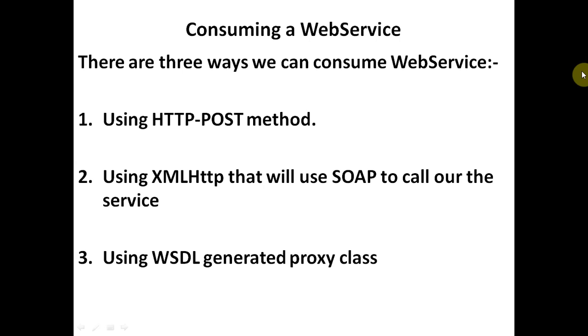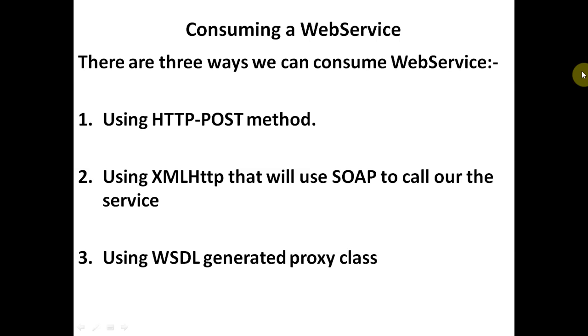The second is using HTTP with XML, which uses SOAP to call the service. And the third is using WSDL generated proxy classes. So we have these three methods to consume a web service.